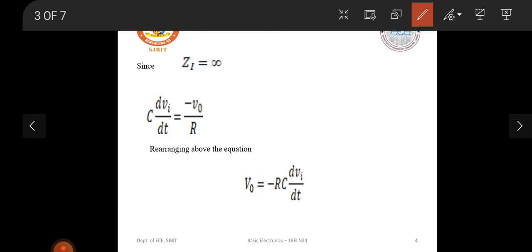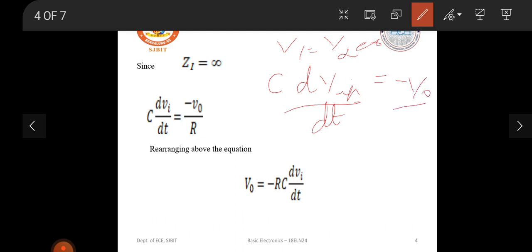Now we know V1 is equal to V2 is equal to 0. As a result, dV1 is equal to 0. So I can say C dVin divided by dt is equal to minus V0 divided by Rf.